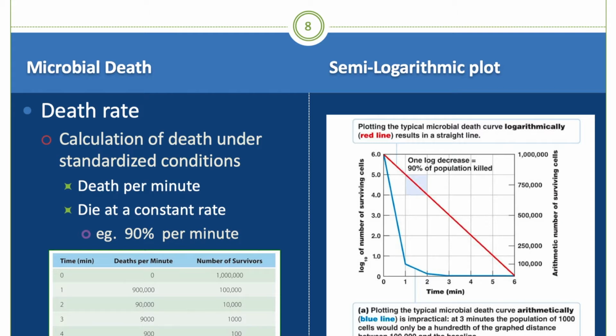So that's a more realistic way of looking at the number of organisms, and this is what is used in industry to guide the quality standards that are maintained in the industry.